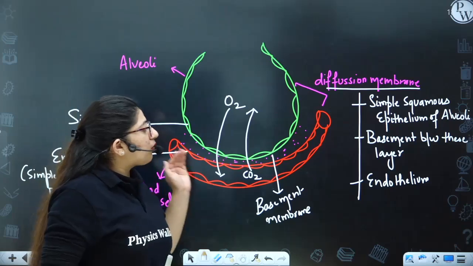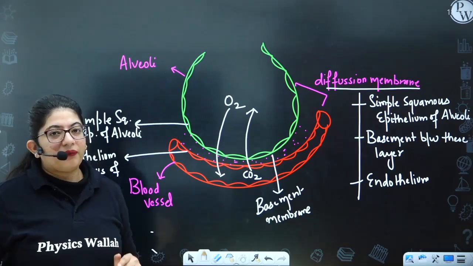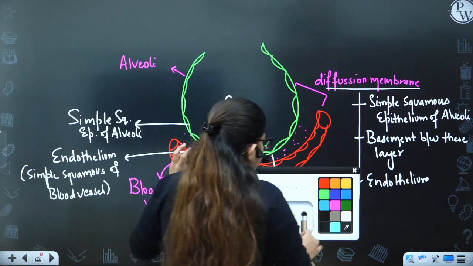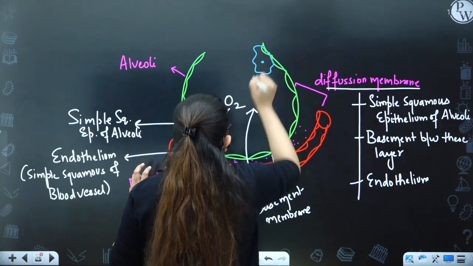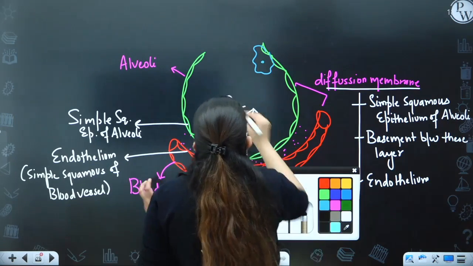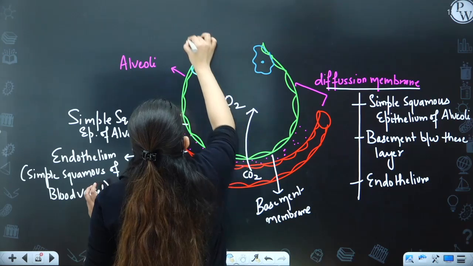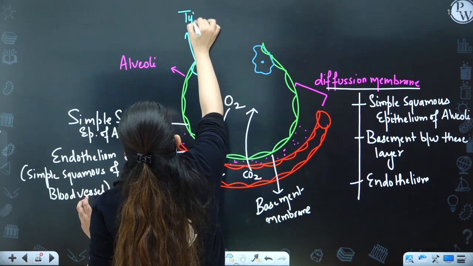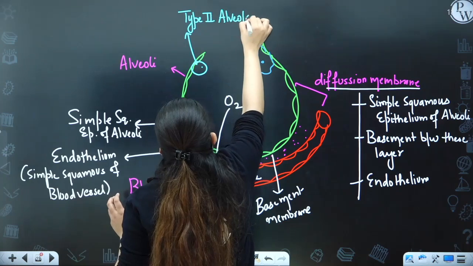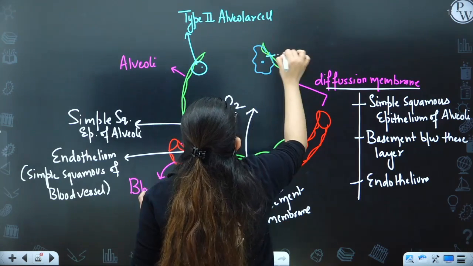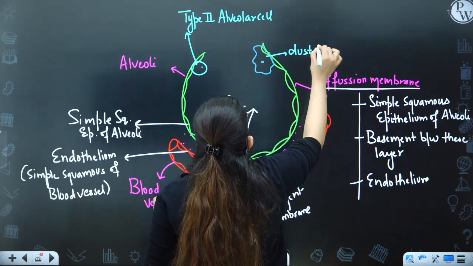Now let's talk about other cells of your alveoli. Apart from this, the alveoli has 2 other types of cells. One is your type 2 alveolar cells, and another is your dust cells.